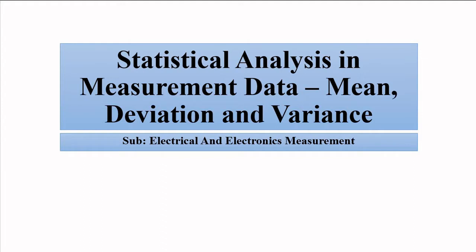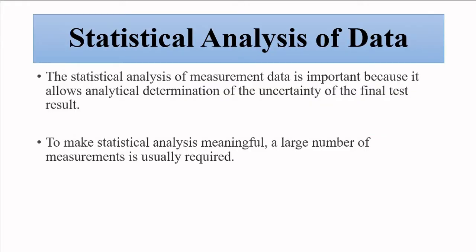So some important parameters we'll discuss which try to give us the accurate results, okay, or to analyze the measurement data in a better way. So why we need to have this statistical analysis of measurement data? Now we all know that measurement is affected by a lot of things which cause deviation from the true value.